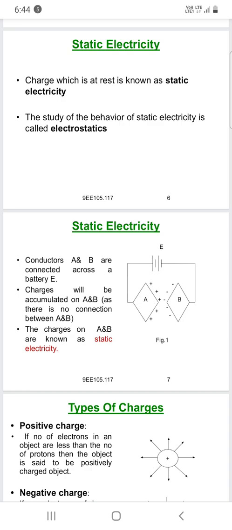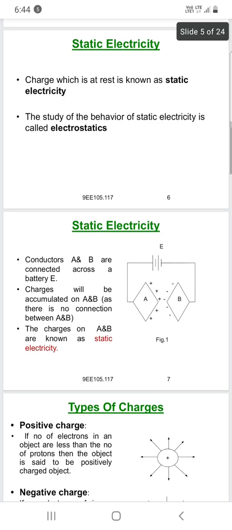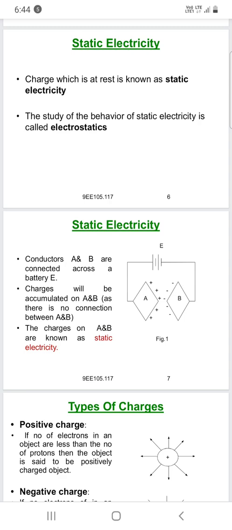Static electricity is nothing but a study about a charge. The charge is at rest. The charge is constant here, either positive charge or negative charge in electrical engineering.